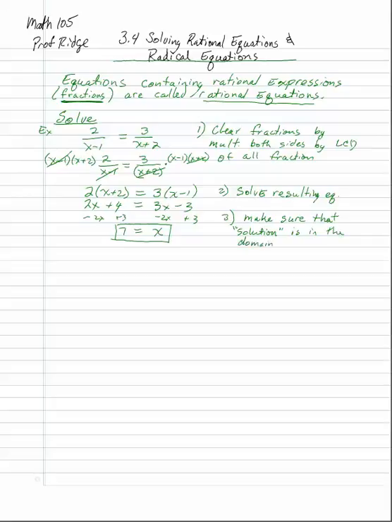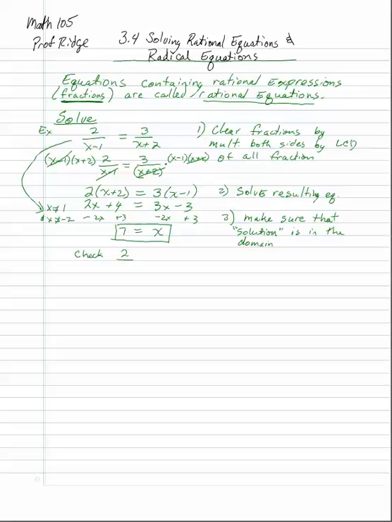So you have to make sure it's in the domain, because when we multiplied both sides by the LCD, you're losing the information that the domain has to be restricted. x cannot equal 1 and x cannot equal negative 2. So 7's okay.